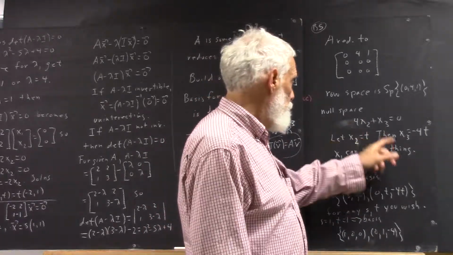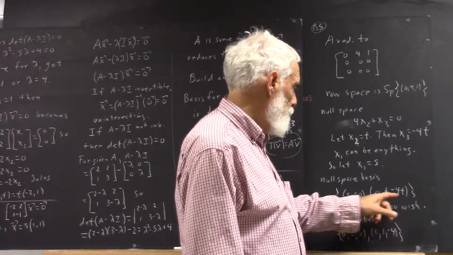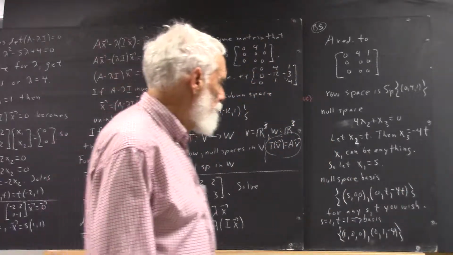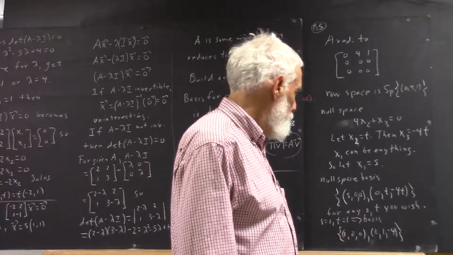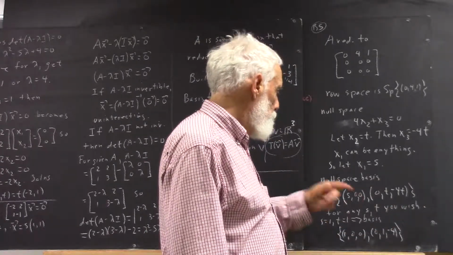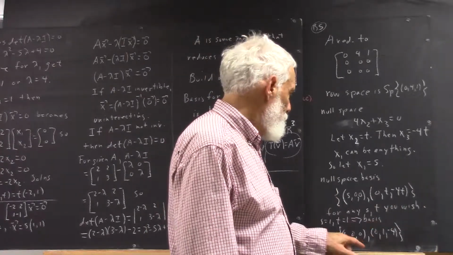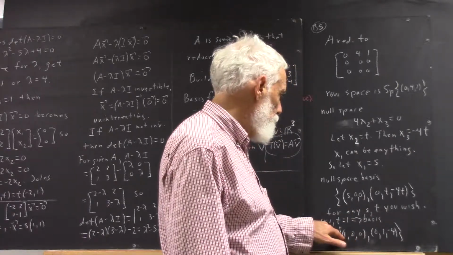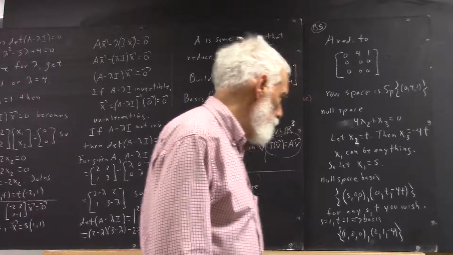The other will be the vector that's restricted by t: 0, t, negative 4t. Now, that works for any s and t you wish to use. I'm going to let s equal 1, t equal 1, and that is going to give us a basis. My specific basis is then going to be 1, 0, 0 and 0, 1, negative 4.